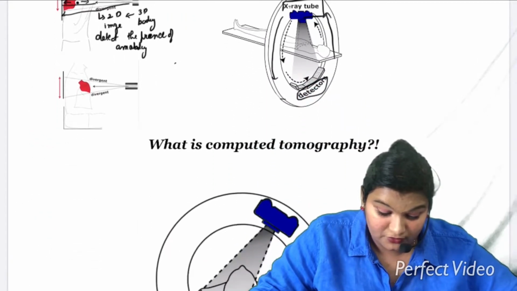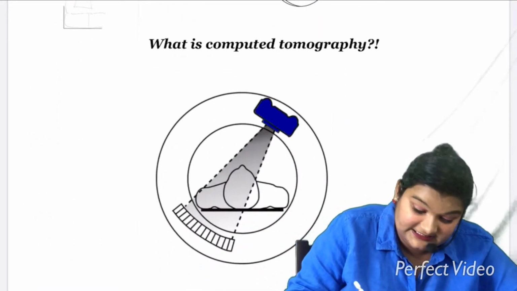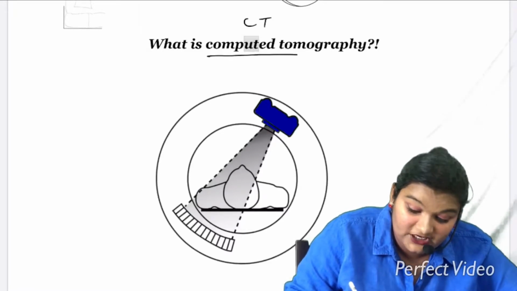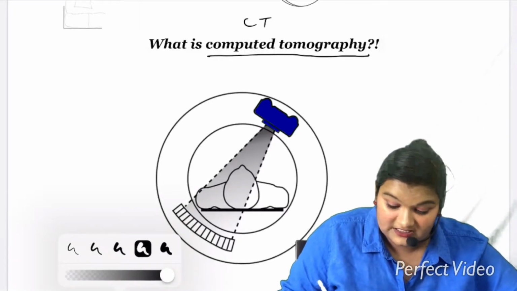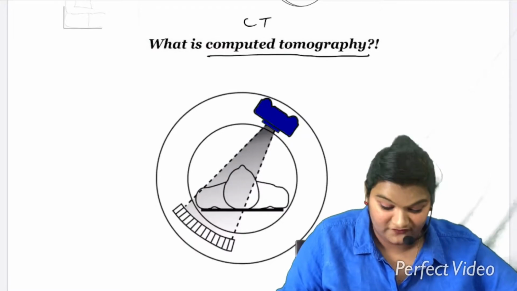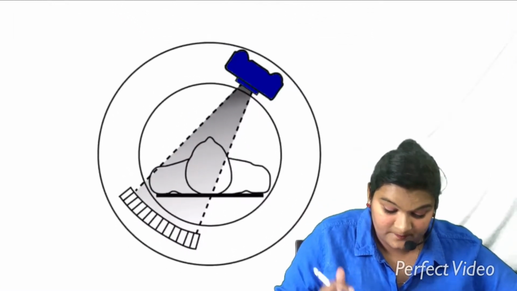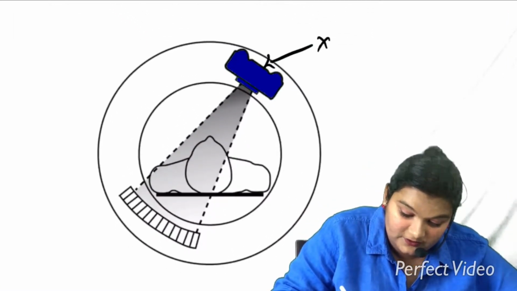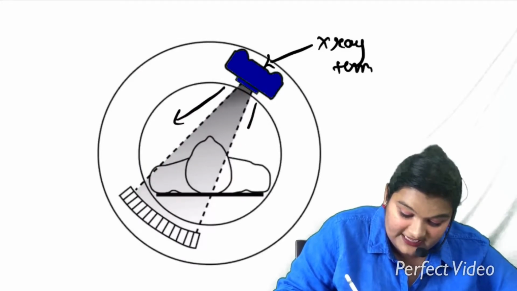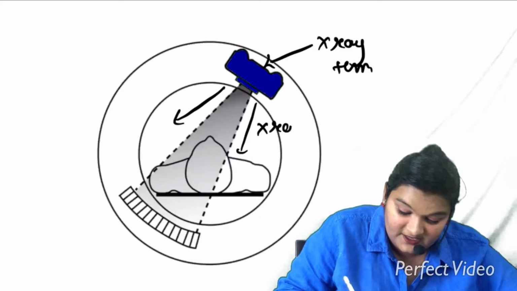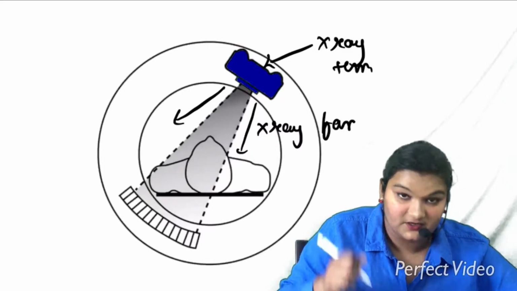Now let us move towards what is CT or computed tomography. Why do we call this computed tomography? So the first one, this is our X-ray tube. This X-ray tube is throwing the X-rays in a fan manner.